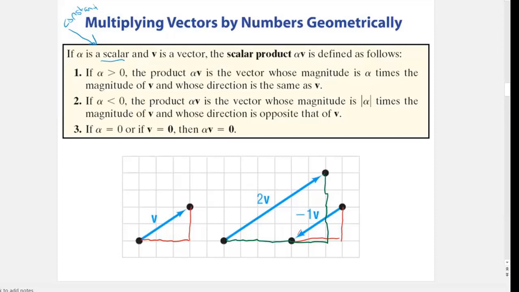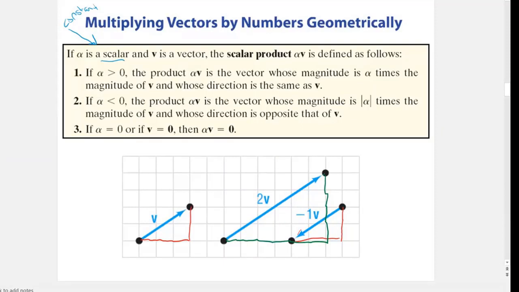Let's read through numbers 1, 2, and 3. Number 1: if alpha is greater than 0, the product alpha times V is the vector whose magnitude is alpha times the magnitude of V, but the direction is the same. Notice all of these have the same direction. All we're doing is stretching them out.